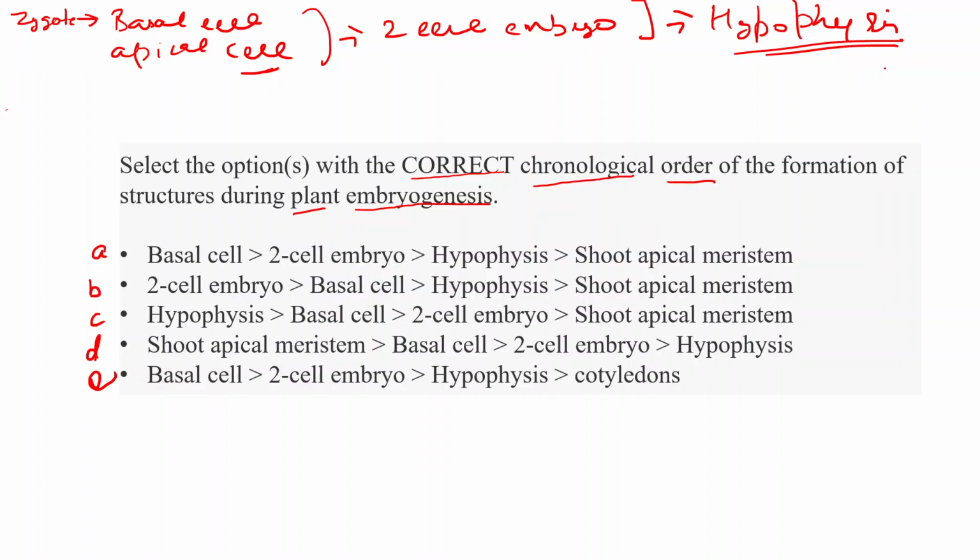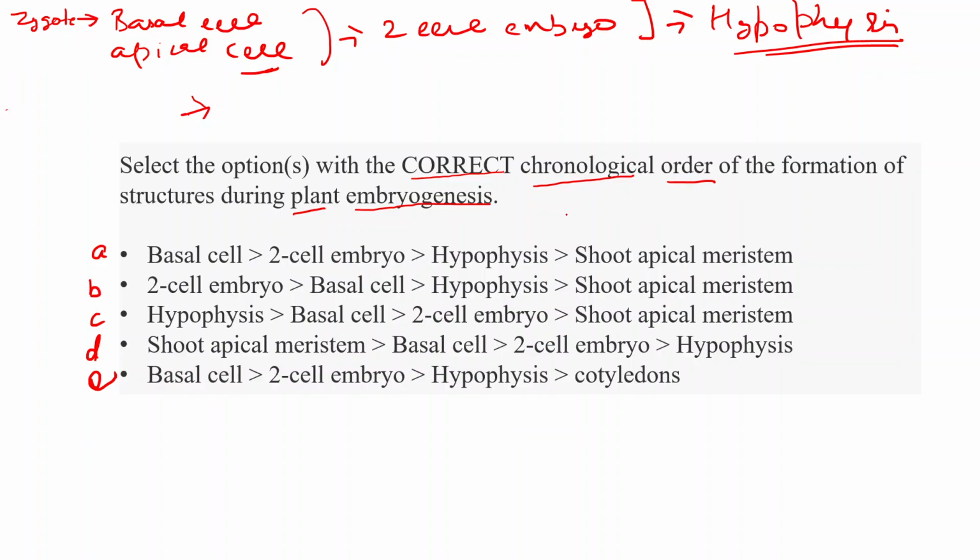And then what happens? After hypophysis, now comes the difference. Up till here, these two were literally the same. Then the only difference is shoot apical meristem or cotyledons. But the catch here is that during the globular stages or during the heart stages, shoot apical meristem and cotyledons both can be formed.